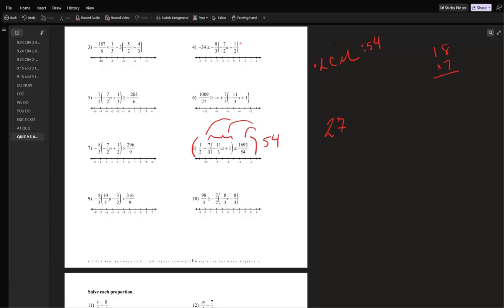Then I multiply by the numerator, which gives me this. That's an A, of course. And one of the main reasons why we picked 54 is so it can cancel out over here.